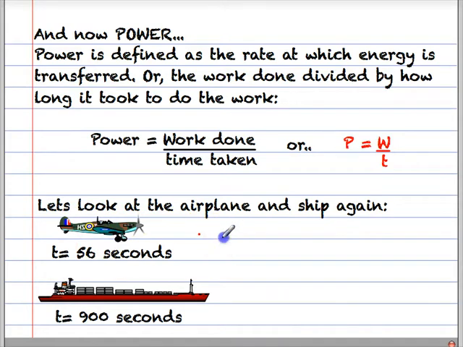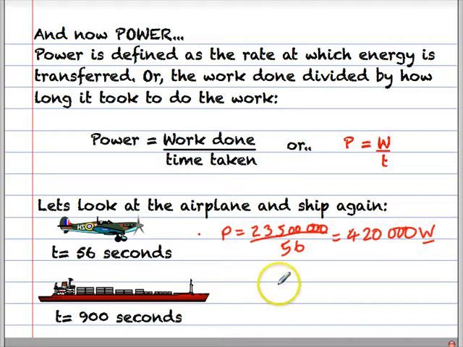So for the aeroplane, we've got power is equal to the work done in reaching that speed, which is going to be equal to the kinetic energy, 23,500,000, divided by the time, which is 56 seconds, and that gives about 420,000 watts, and watt is the unit of power.